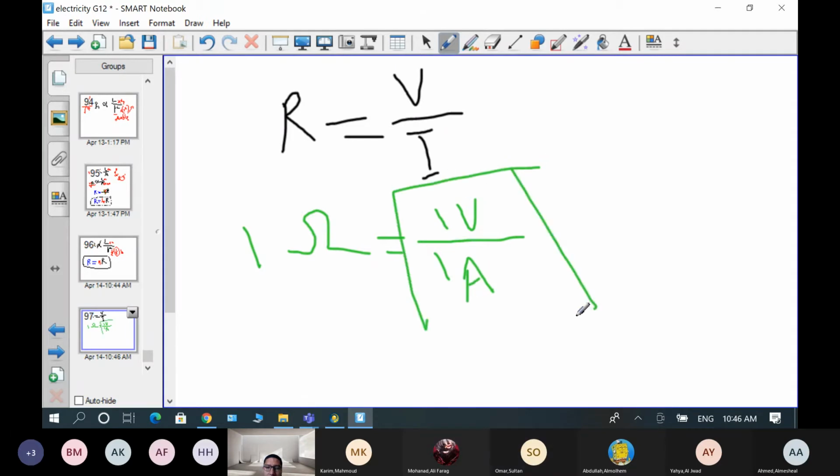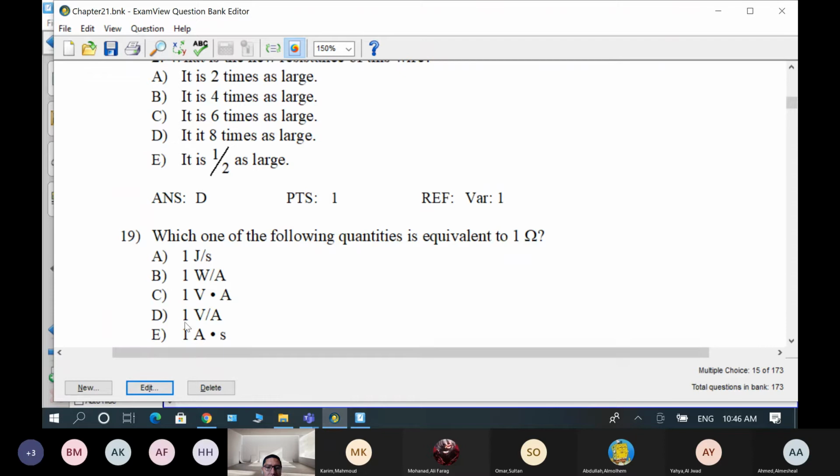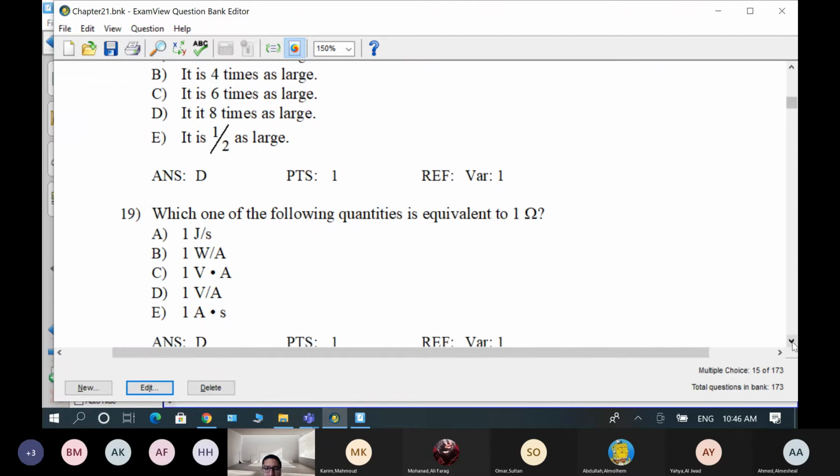So it equals volt divided by ampere, and the answer here is 1 volt divided by 1 ampere.